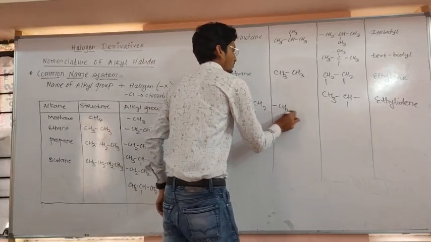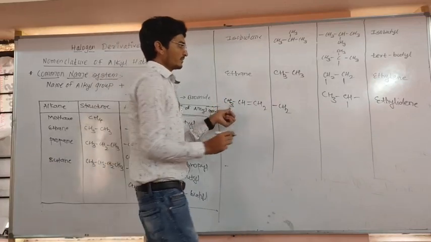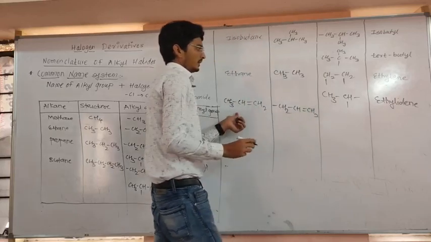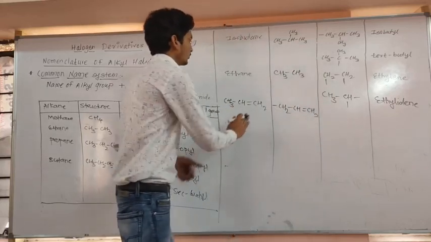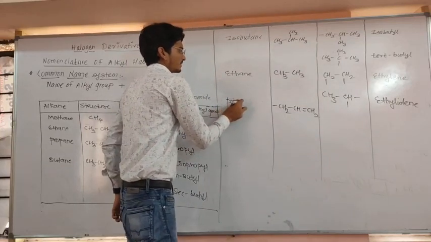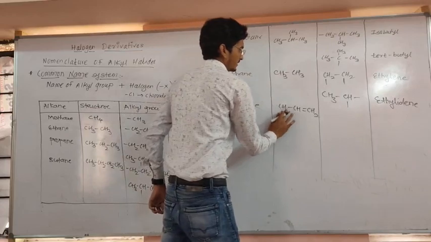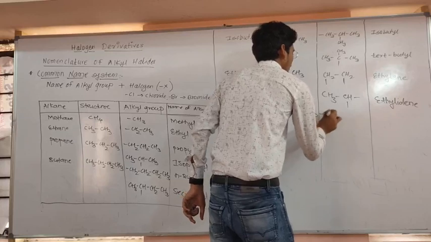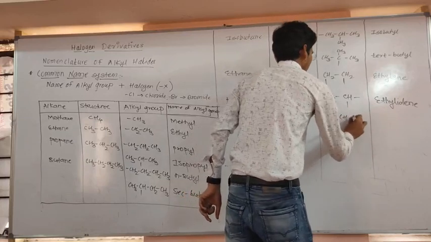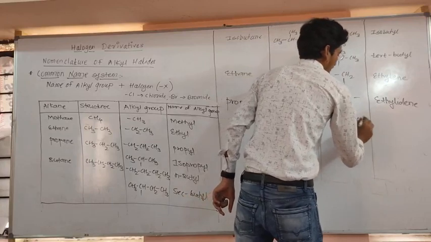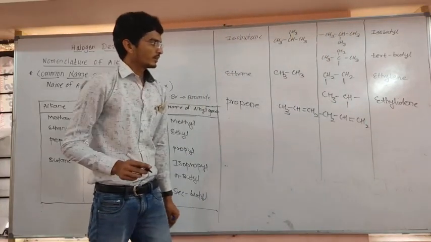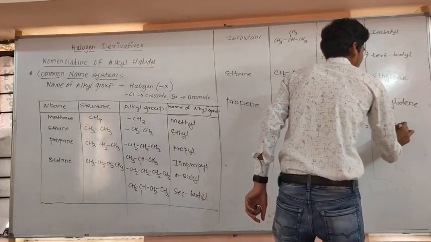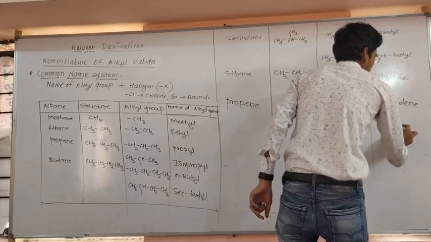If you remove one hydrogen from the sp3 hybridized carbon, then such a group is called the allyl group, or sometimes the propylene group.